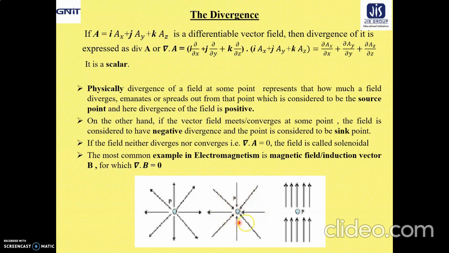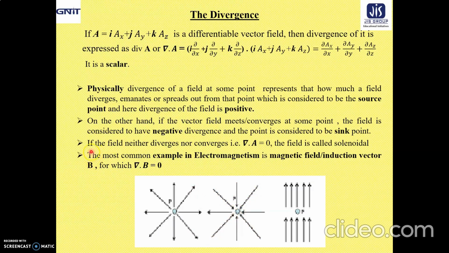Let us look at the second figure. Now all the vector lines are meeting here. So with respect to this point P, the field has negative divergence, and the point P will be called the sink point. In the case of a sink, the field lines are going in.